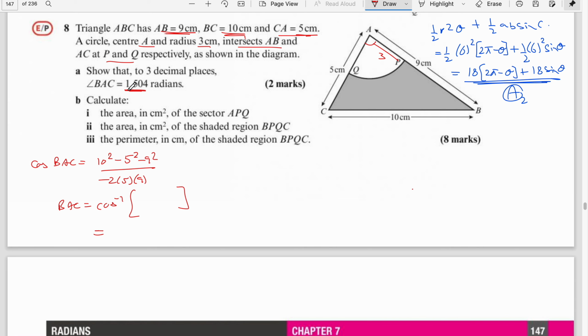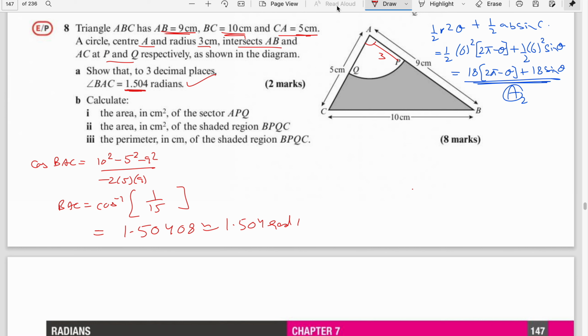So to find BAC, we are using the cos rule, and this answer is 1 by 15, and cos inverse of 1 by 15 is 1.50408, which is approximately equal to 1.504 radians. Second part says calculate the area in centimeter square of the sector APQ.